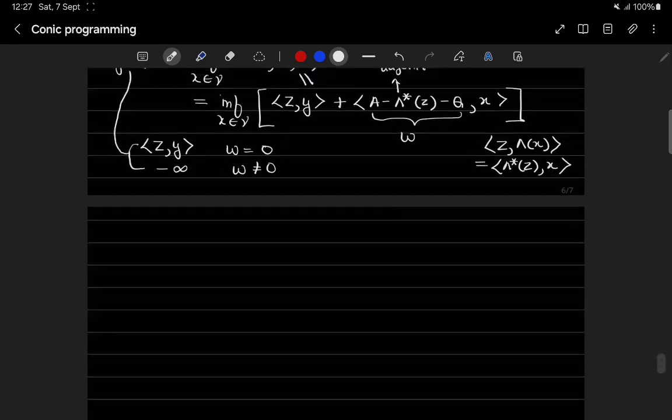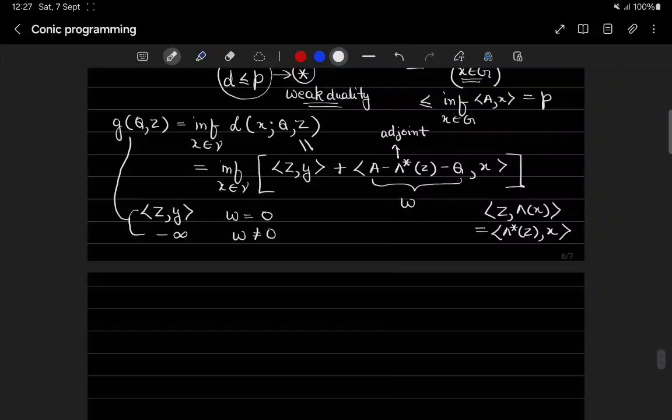So this is basically G. So let me write it down. So G of Q Z is equal to zy for omega equal to 0 and minus infinity for omega not equal to 0.